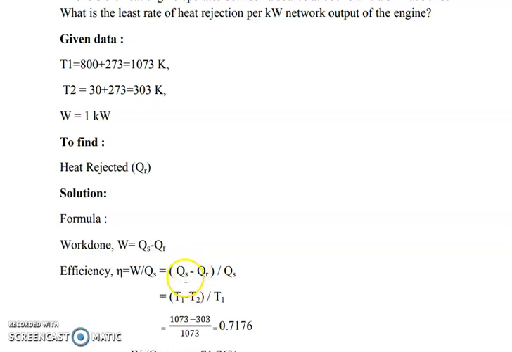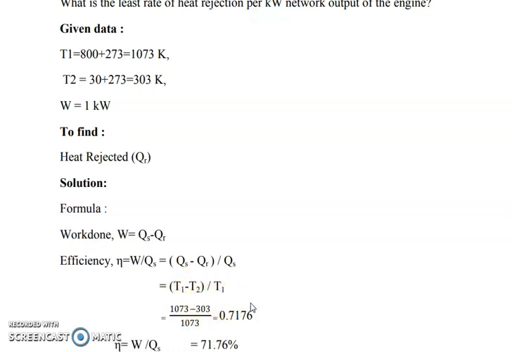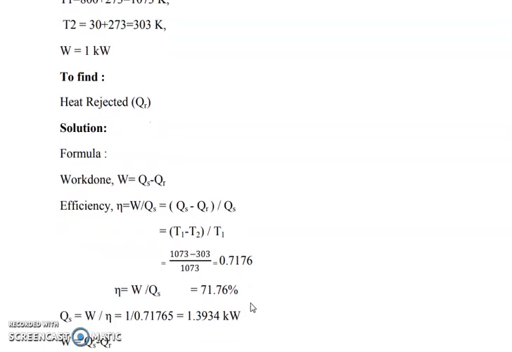Instead, the heat supply takes place at higher temperature T1, and the heat rejection takes place at lower temperature T2. So we can write the efficiency equation in terms of temperature, that is T1 minus T2 divided by T1. Now the temperature values are known. Substitute the temperature values: T1 is 1073 Kelvin, T2 is 303 Kelvin, divided by T1, 1073 Kelvin.